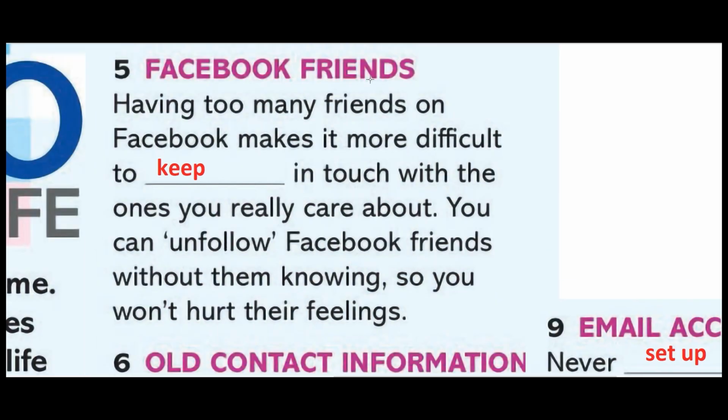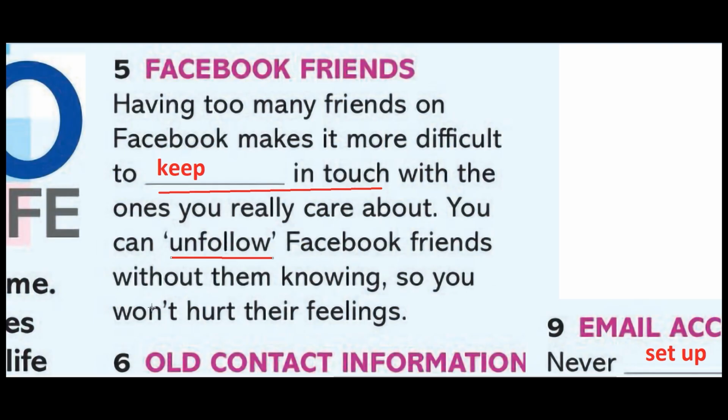Пятое. Друзья на Фейсбуке. Наличие слишком многих друзей на Фейсбуке делает более сложным keep in touch. Keep in touch — это имеется в виду связываться, то есть сохранять общение с теми, которые вам реально важны или о которых вы волнуетесь. Вы можете unfollow, то есть отписаться от друзей на Фейсбуке без их уведомления, то есть они об этом не узнают.